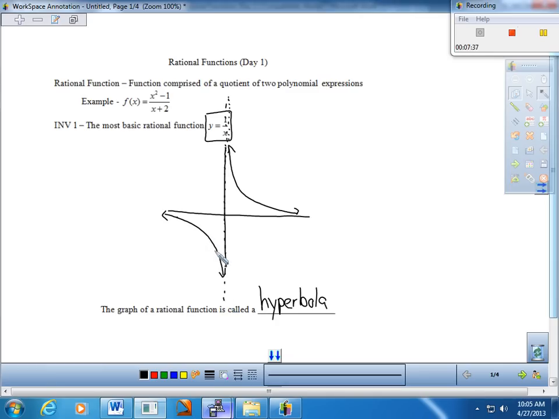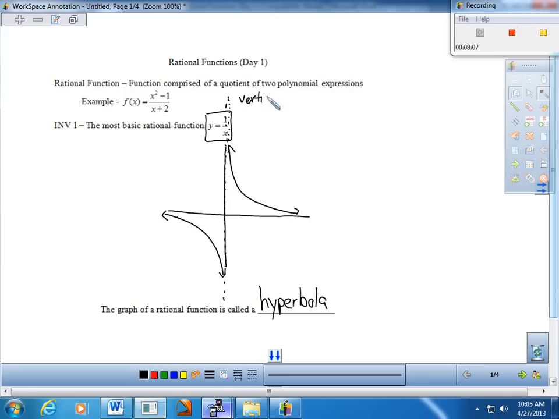And you can see here it's getting closer and closer to this vertical line. Here it's getting closer and closer to this vertical line. Is it ever actually going to touch that vertical line or cross it as I come from both directions here, both the left and the right? No, absolutely not.